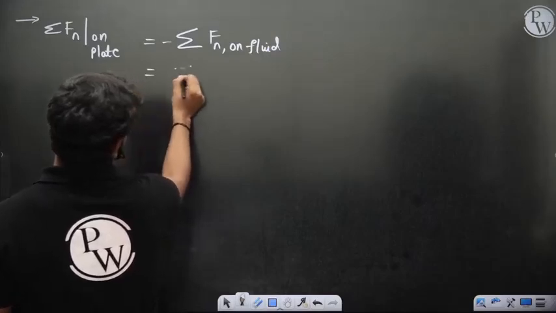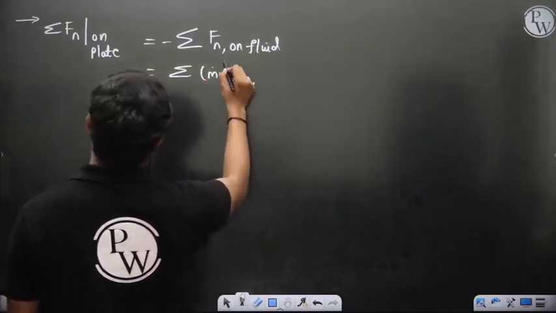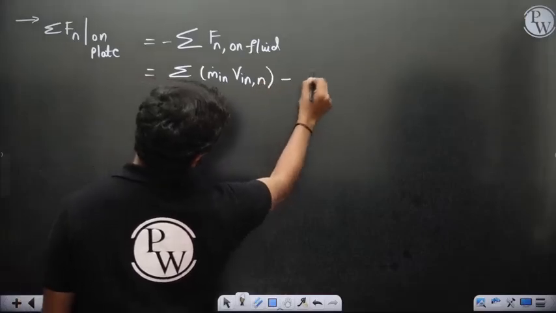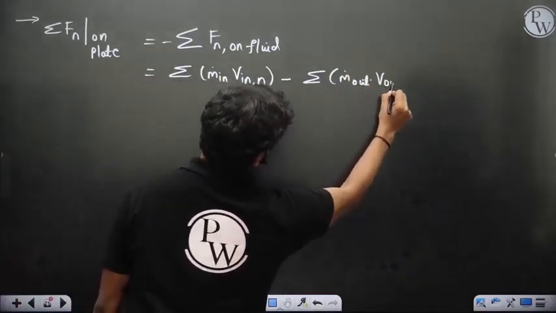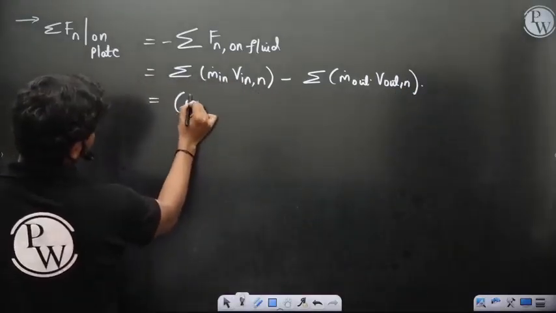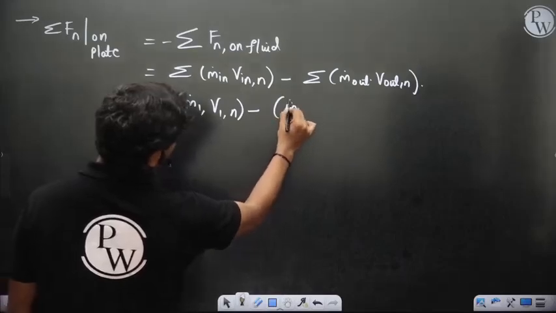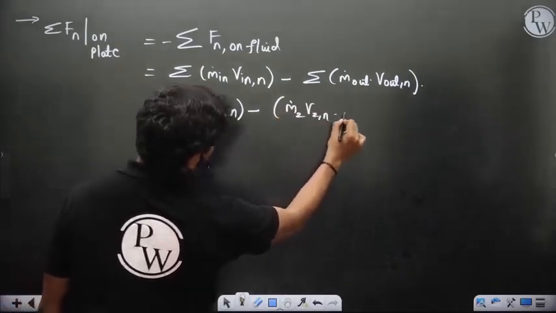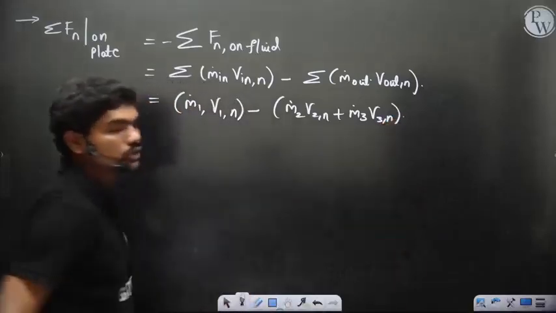So this can be written as sigma m dot in V in the n direction, the normal direction, minus sigma m dot out V out in the n direction, correct? So ultimately there is only one inlet: m dot 1 V1 normal minus m dot 2 V2 normal plus m dot 3 V3 normal actually here. Okay, so this is what you get.